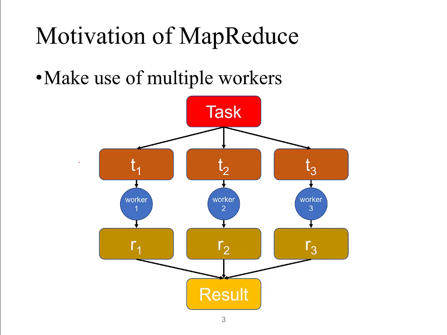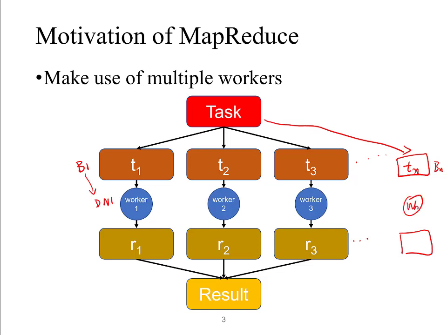So here we want task 1 to contain data from block 1, and this is data node 1 that contains the data of block 1. In this case, you would have more than 3 subtasks corresponding to different blocks and different workers. And then the results of the subtasks are aggregated into the final result.